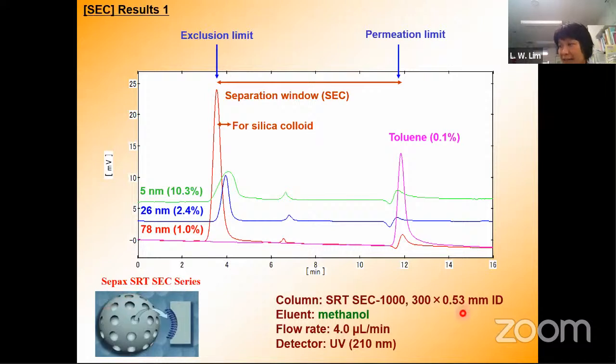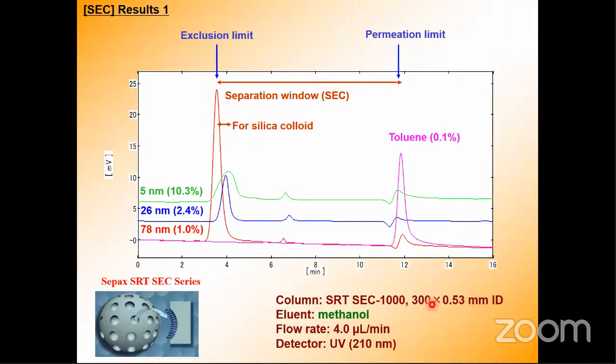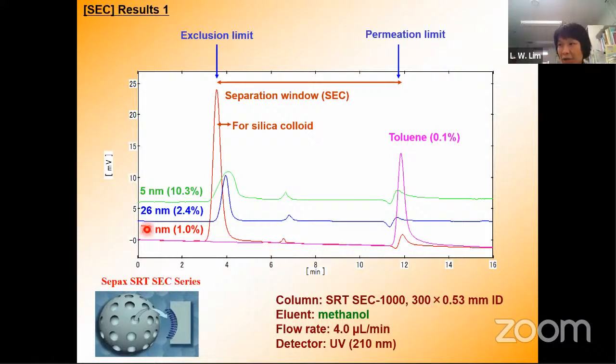So here we pack a 0.53 capillary, 30 centimeters. When we inject the sample at T0, the first peak we call the exclusion limit. Exclusion limit means the sample will not have any retention, it just passes through the column. And then I also use another sample, which is toluene.